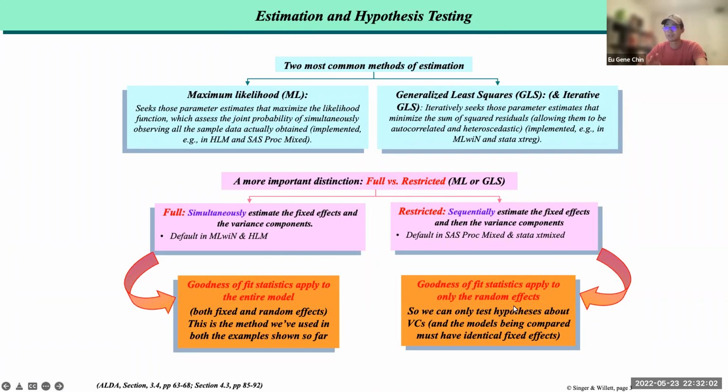And so we can only test hypotheses about the variance components as opposed to the fixed effects. So a little bit less flexibility here in terms of how we interpret the goodness of fit statistics. We'll talk more about goodness of fit statistics in another video after we go through a couple of different models of multilevel modeling.